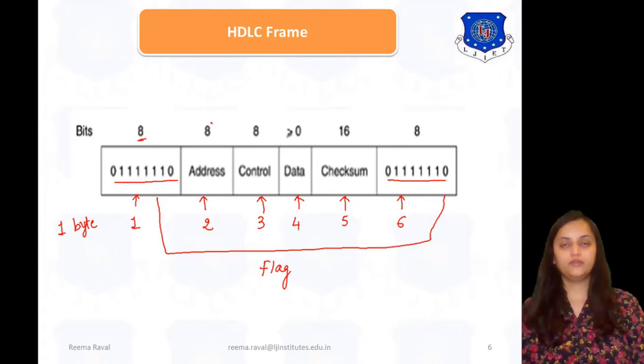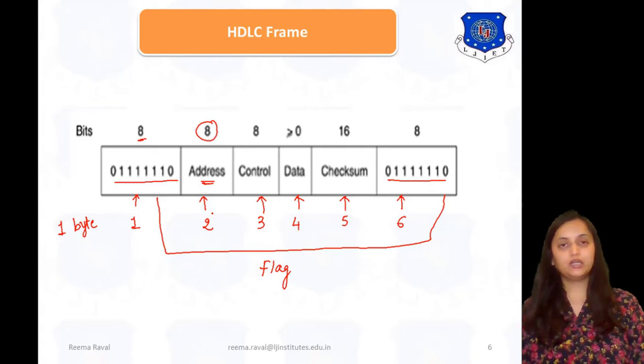Now the second field is again 8 bits, that means 1 byte, which is the address field. Here the address of the destination is attached. It contains the address for the receiver. So if the frame is sent by the primary station, it contains the address of the secondary station.